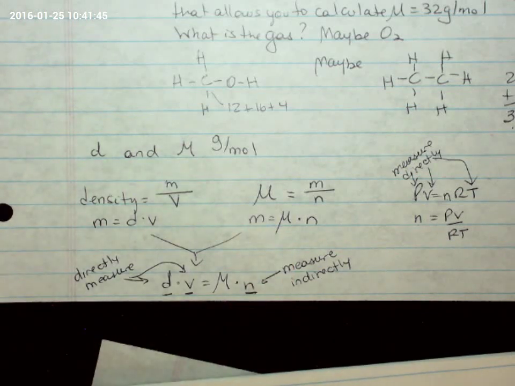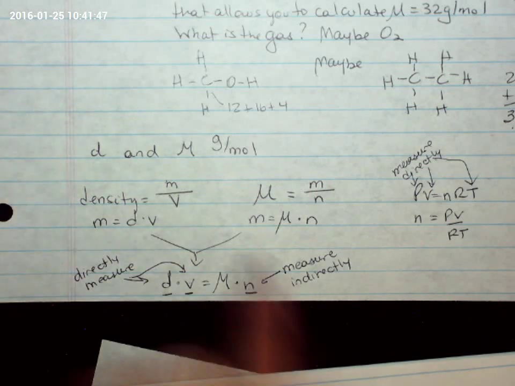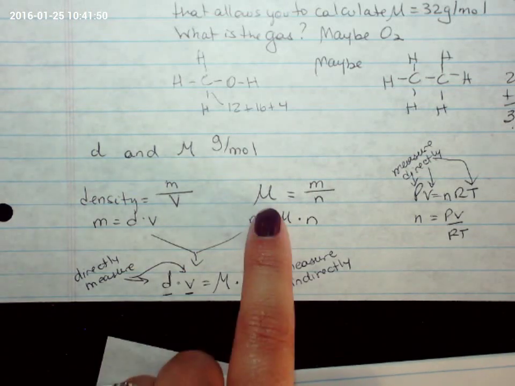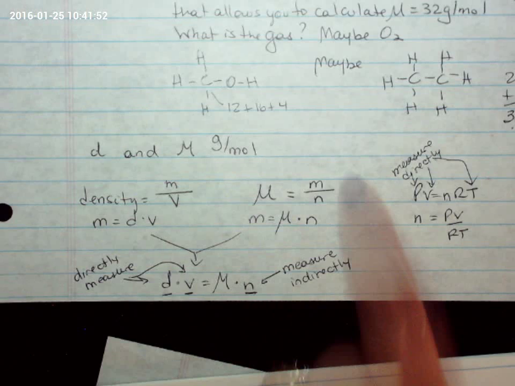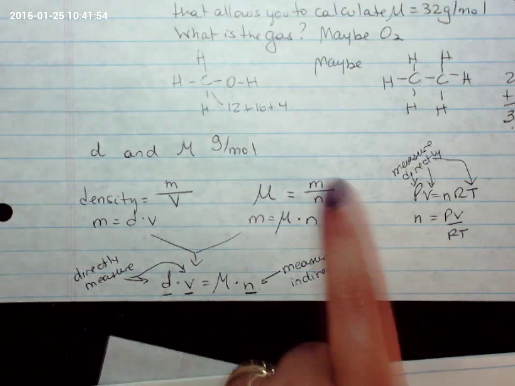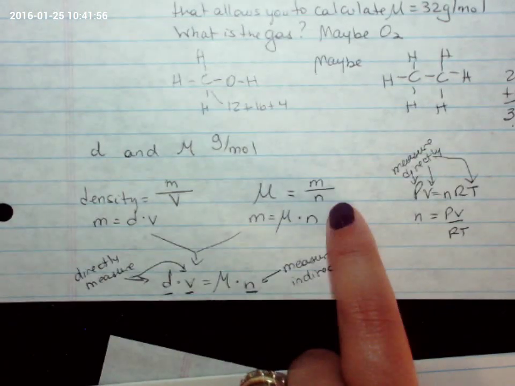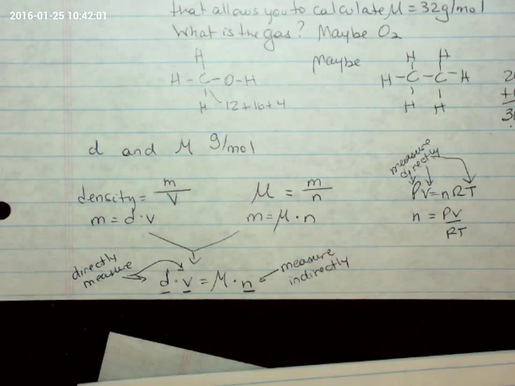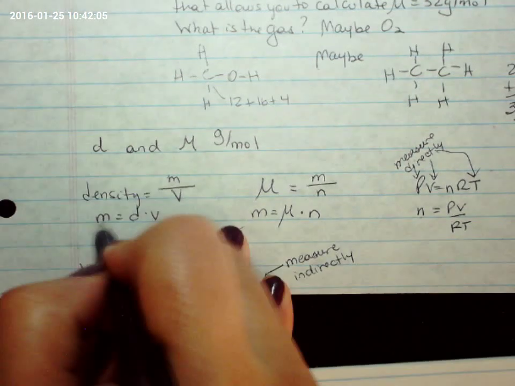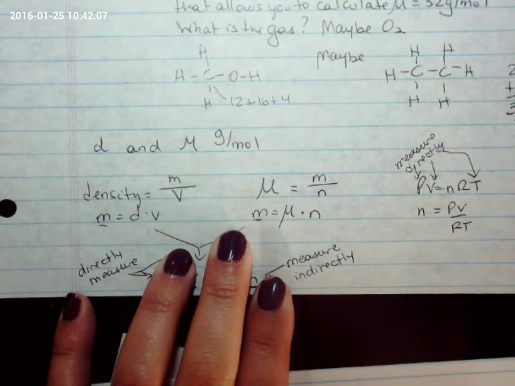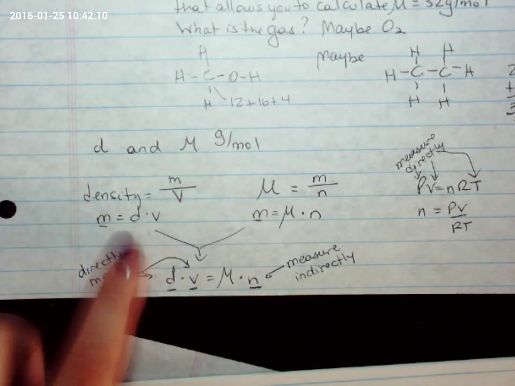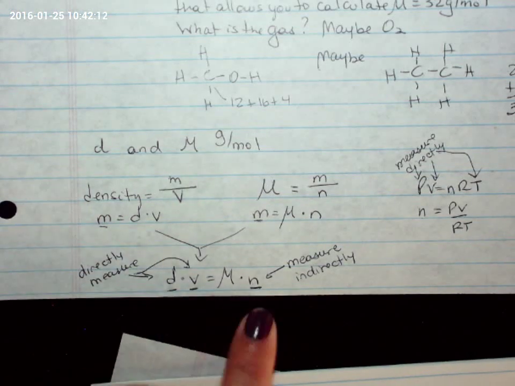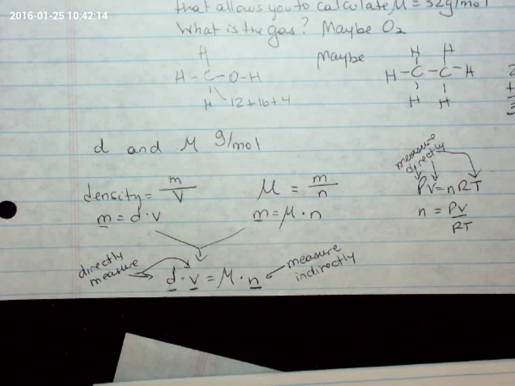Grams per mole. You could write the equation as big cursive M, molar mass, is equal to m over n, so little m being mass, n being moles. And again, I could solve for little m. And now I've got two equations that are solved for the same thing, little m. And I could set dV equal to capital M times n.